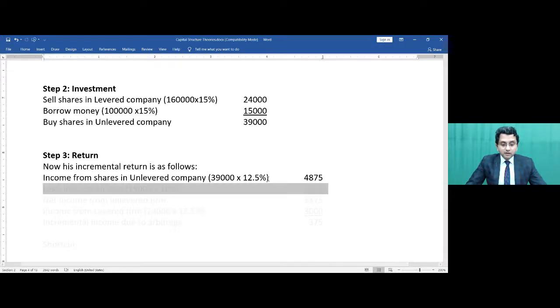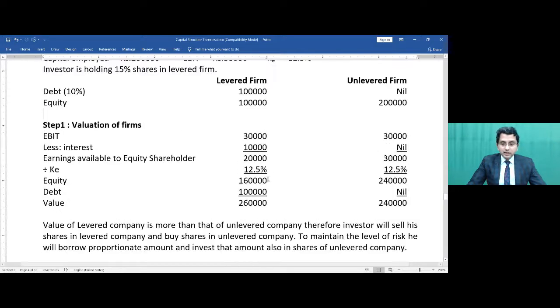But here you are in a borrowing position also. You have borrowed 15,000 rupees at the rate of what? The interest rate given in the question is 10%. Let's assume if the company is borrowing at 10%, the investor can also borrow at 10%.